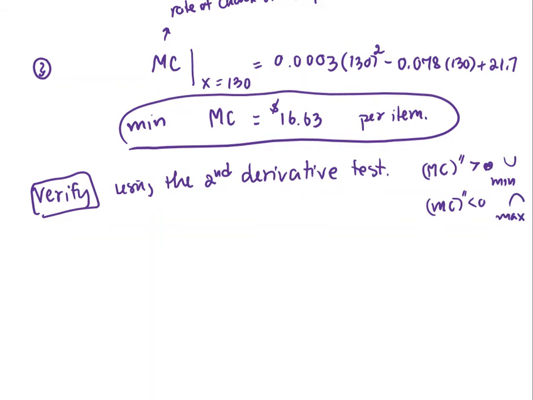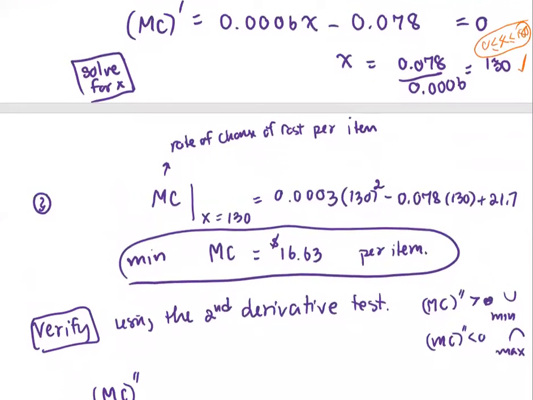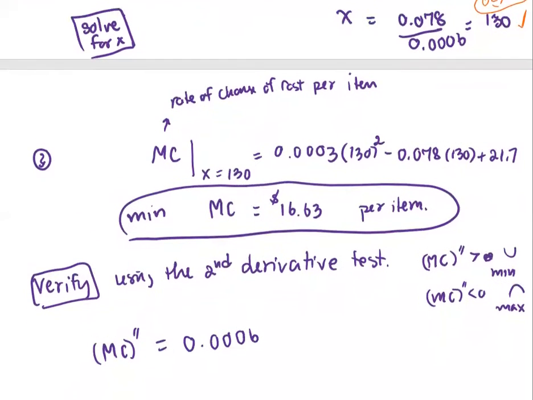So we keep going with the second derivative of the marginal cost. From what we found, the first derivative is 0.0006x minus 0.078. So the second derivative would be 0.0006. No x, it's a fixed number. So for any x, the value of the second derivative is always greater than 0.